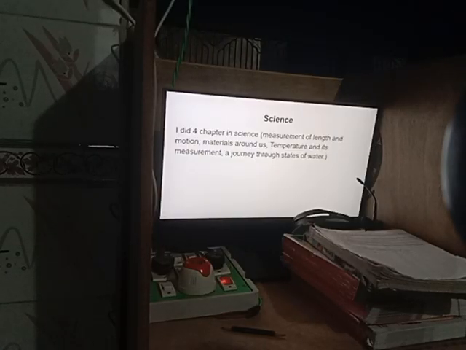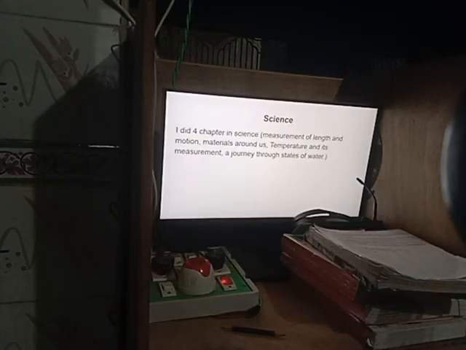And there are many types of thermometers. Mainly in the local shop, they have the Celsius scale. Somewhere the Fahrenheit scale is also available, and somewhere the Kelvin scale is also available, but mainly we see the Celsius scale.